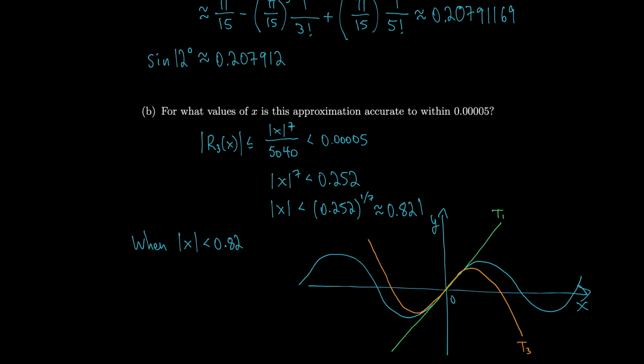If we then get an even better approximation, let's say T5, I don't like how it curled up at the end. Okay, so that's roughly what the fifth degree Taylor approximation for sine would look like.